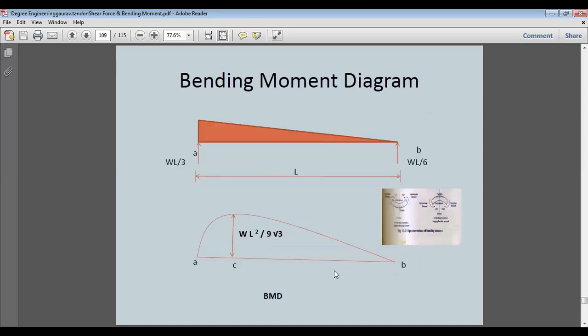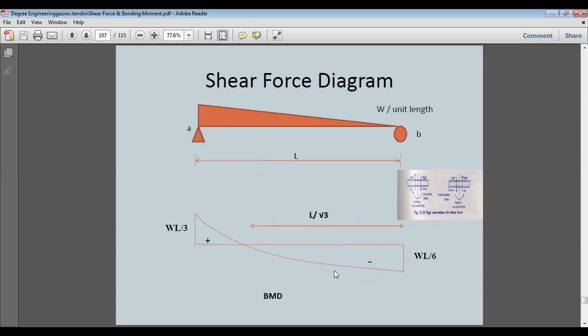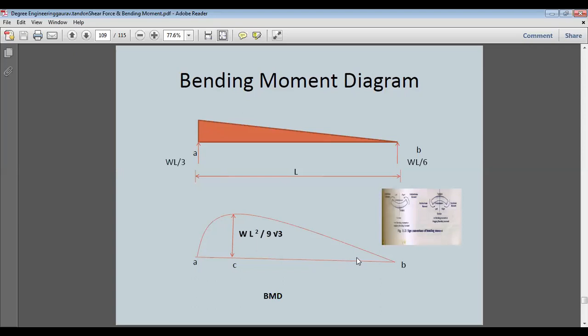Then we have the bending moment. We have got the shear force, so simply multiplying with the distances, both points A and B will have zero bending moment, because the force is passing through it and the distance is 0: WL by 6 into 0 and WL by 3 into 0.